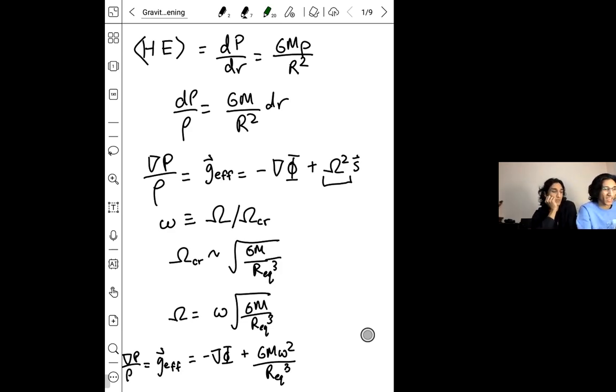The second thing is this gravitational potential term is pretty similar to the centrifugal force term. It's basically a GM over R squared, and this is a GM over R cubed with this omega squared term in it as well, which is some number from 0 to 1.